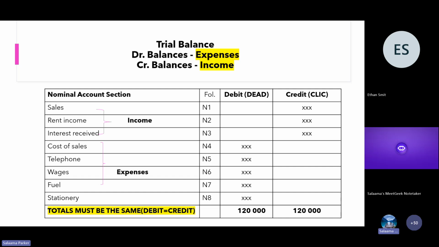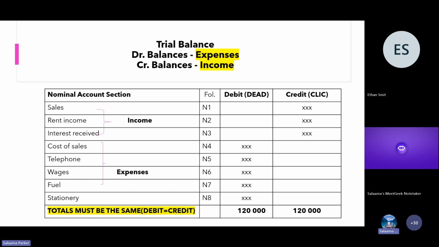So it goes on the credit side, and these are your debit balances, your expenses. And always remember that at the end, the totals must be equal. Debits must equal credits. And then you know your trial balance has balanced.